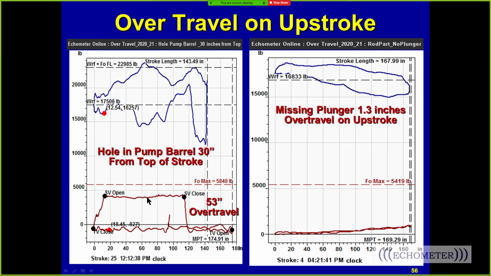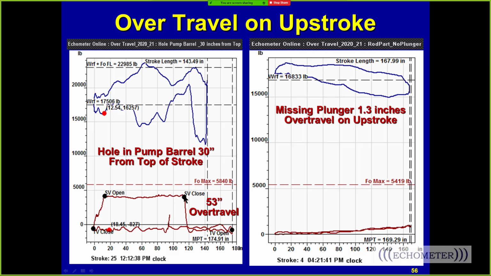We're pulling the standing valve ball off the seat here, and the plunger's moving up, maintaining low pressure inside the pump chamber, and then right here when the bottom of the plunger goes by the hole, the pressure equalizes, because on the outside of the pump barrel is the tubing, and in between the tubing and the barrel is the tubing discharge pressure at the top of the pump. It equalizes the pressure on top of the pump to the pressure on the bottom of the plunger, and the fluid load is gone because the pressure equalizes.